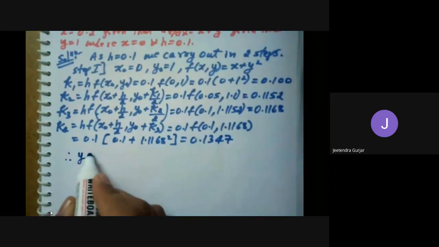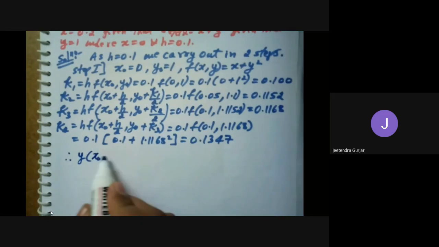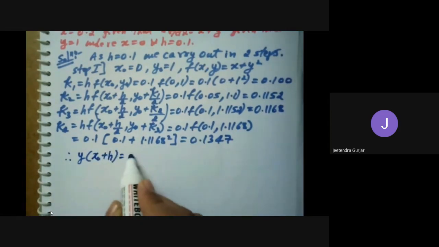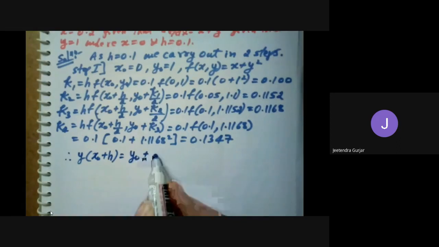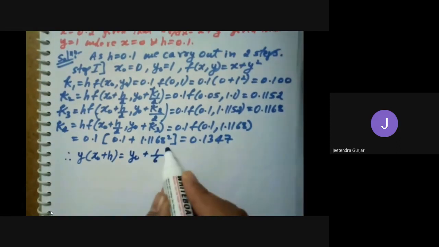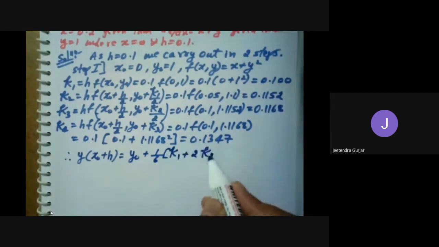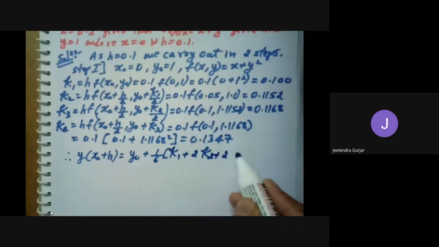So we'll continue like this. Therefore, at the end, what is the formula we get here, students? Y of x naught plus h is equal to y naught plus 1 upon 6 bracket k1 plus 2k2 plus 2k3 plus k4. So remember this formula and practice.